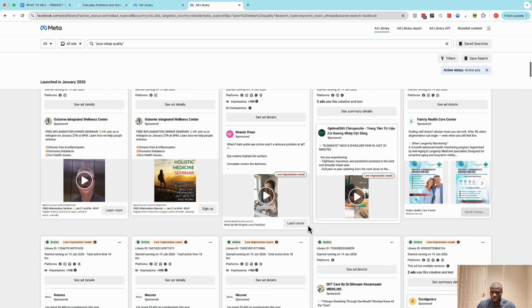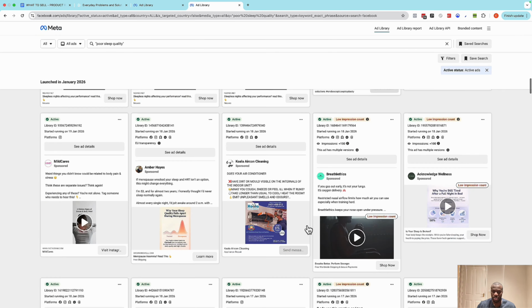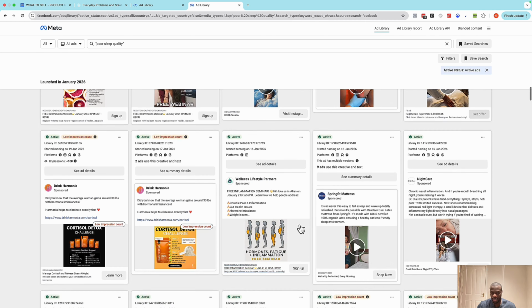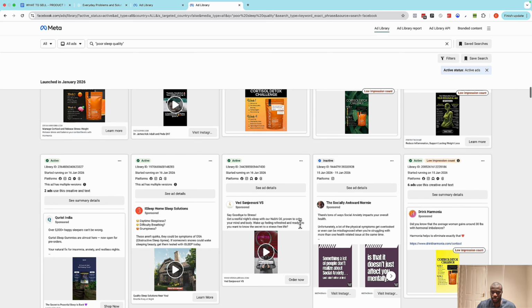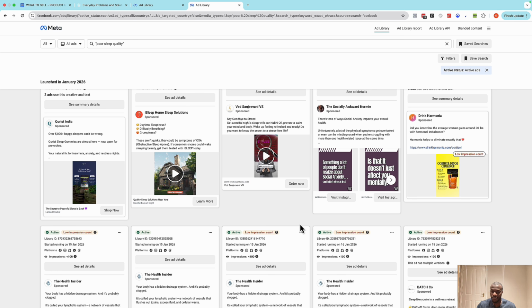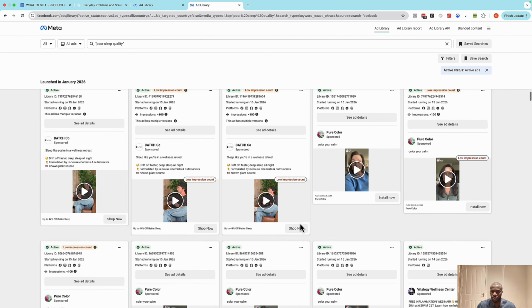So we have to be careful while we're searching and look through and be patient until we find something that will say, oh, this actually looks good. Let me see what's happening here. There are a lot of ads here. It takes so much time to go through them, but that is actually the most effective way to do your product research because this is a proof of concept that people are actually running ads to that product. So you have to be patient in these steps.